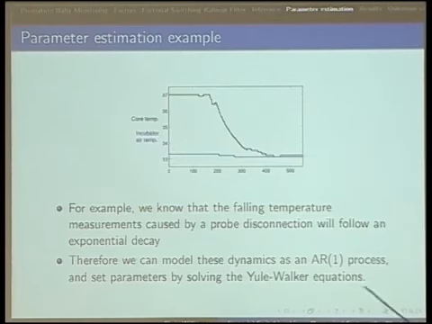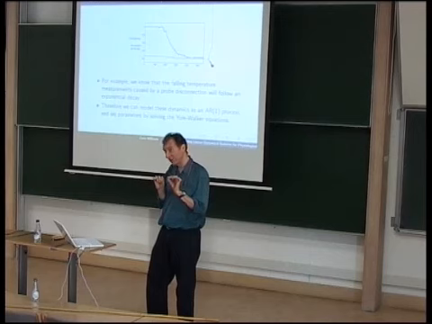Through Newton's law of cooling, we expect to see an exponential decay, which we can model with an AR1 process. So one can build different kinds of models for those different situations where the factors are active.